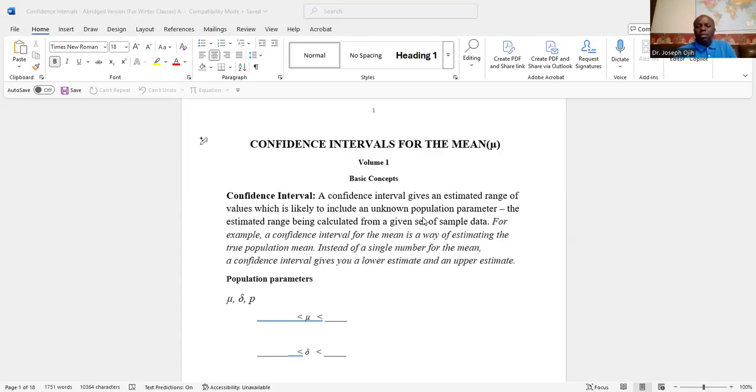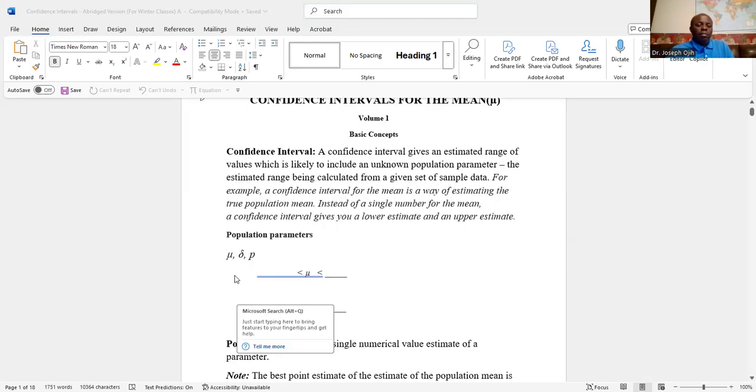For example, for the population mean, we have the symbol mu. For the standard deviation, we use sigma, and for the proportion, we use p. These are parameters, numbers that describe the population characteristics. So these are the things we are trying to estimate when we do confidence intervals.